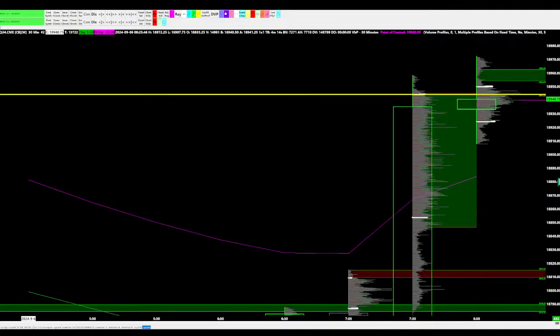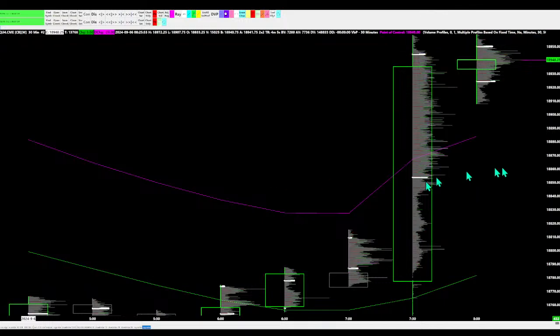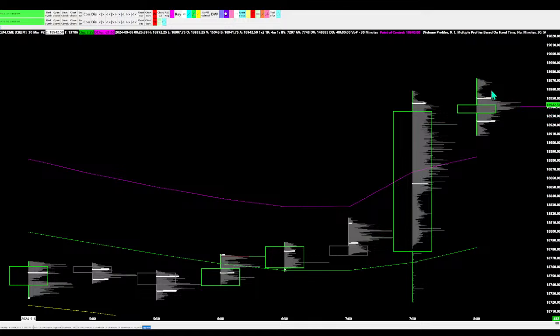My next area, let me erase lines. So if I'm setting up pre-market, I'm going to do this. My assumption is that we won't open up here.